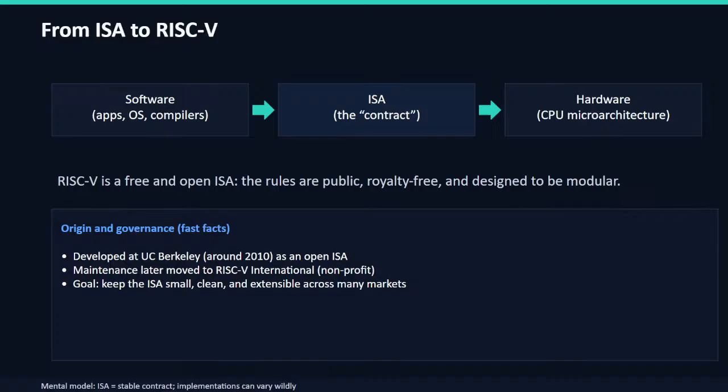In the middle, which is the most important, is the ISA. The ISA is basically the contract between the hardware and software. It says these are the instructions the CPU understands, and this is how they behave.